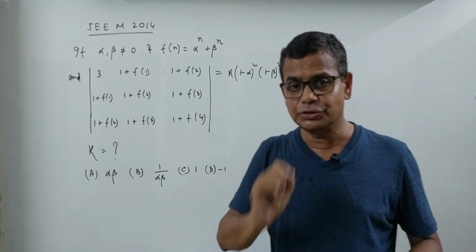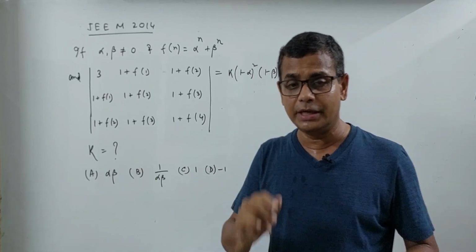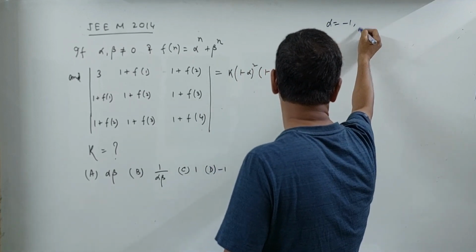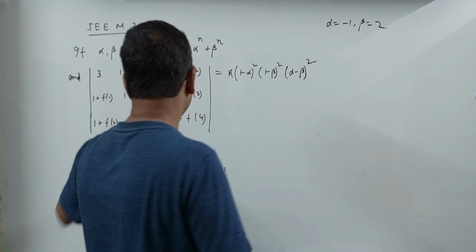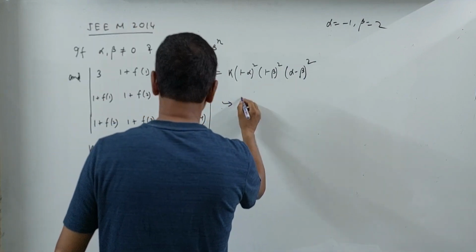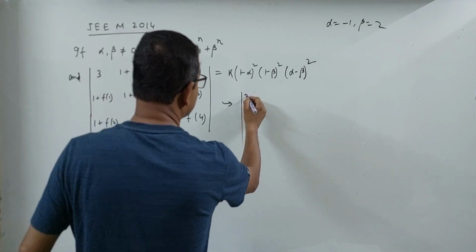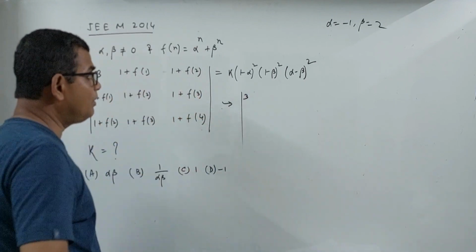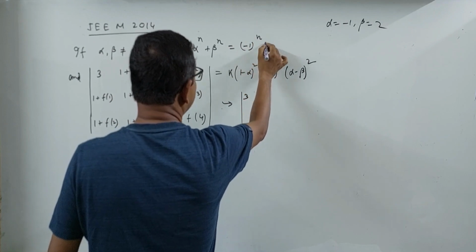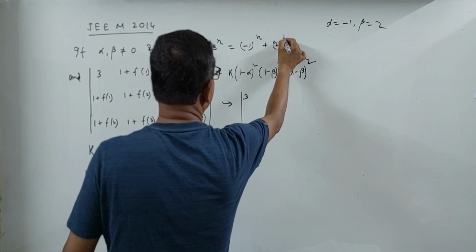Now we have to choose alpha equal to -1 and beta equal to 2. So this relation becomes 3, 1 plus f of 1, where f of n equals (-1) to the power n plus 2 to the power n.